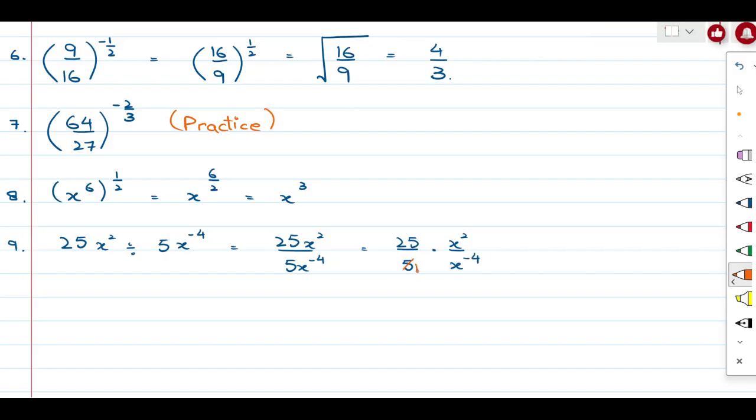So here 25 divided by 5 is 5. Now this is a negative power in the denominator. We have to shift that power to the numerator to make it positive. We have 5, x squared, and shift this power, x to the power 4. When the bases are the same, we add the powers. 5x to the power 4 plus 2, which is 5x to the power 6. This is the simplified form for that question, right?